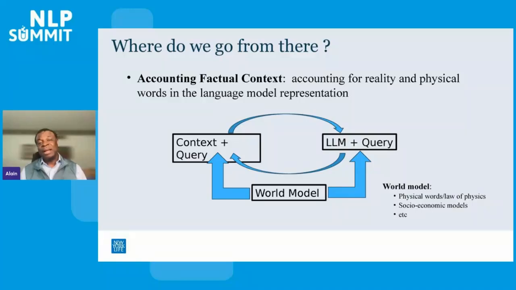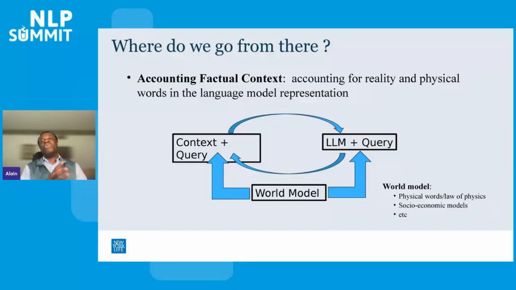The language model we have today does not account for the world it lives in. It doesn't know reality as it is. So when we complement our language model with a system that accounts for reality and fact, can we create a system that accounts for the physical laws of nature, economic and socioeconomic models, and put them together into a repository of analysis, maybe as part of our broader context of usage, a world context?